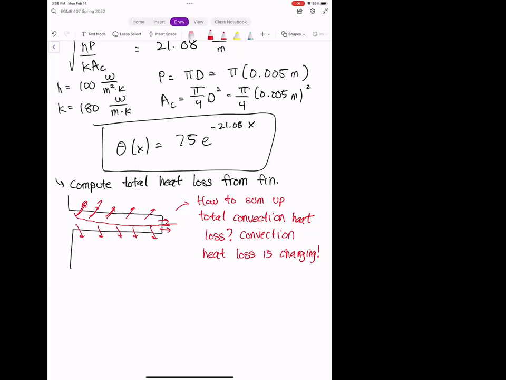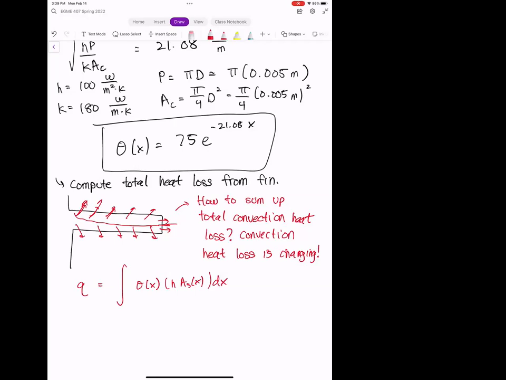Right. So normally in a case like this where you have a quantity that's changing over a distance, one way that you can do this is you can integrate. You can basically sum up all the convection heat losses down the length of the thing, right? And so one way that you can do this, you can say that Q is equal to the integral of theta of x times h times As of x, okay, dx.